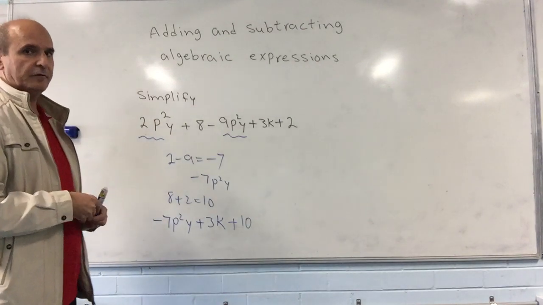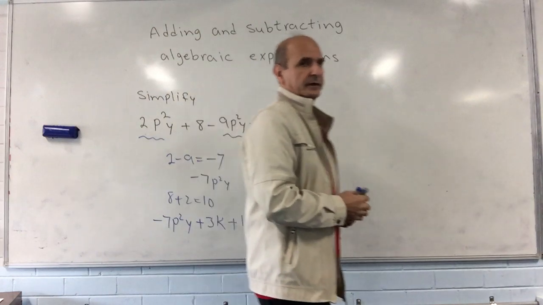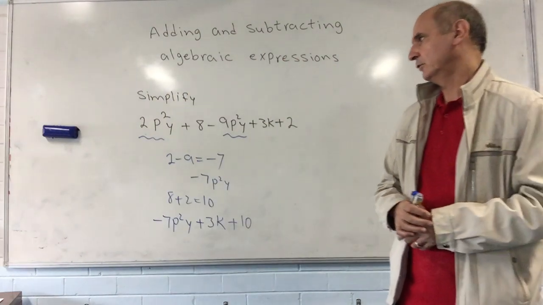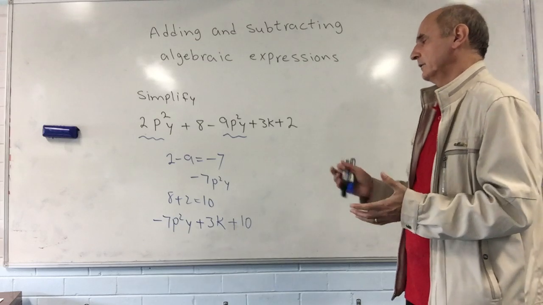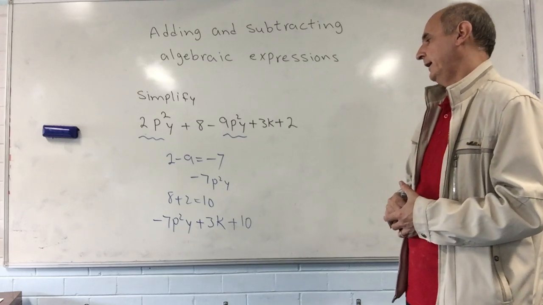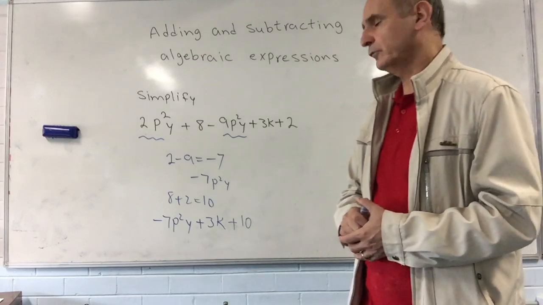That is the simplified version of this expression. So look for the like terms, add them, look for the numbers, add or subtract depending on what they are giving you, and at the end write your answer. Thank you for your attention.